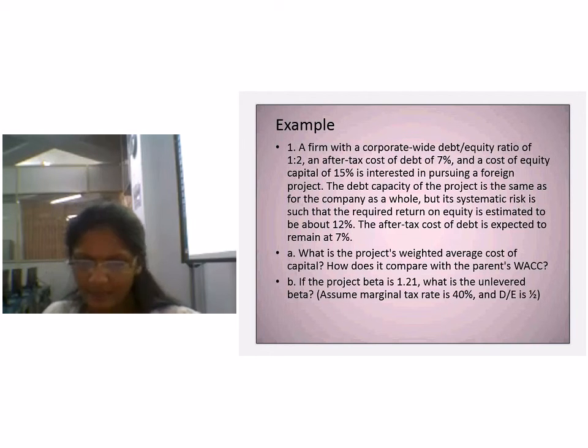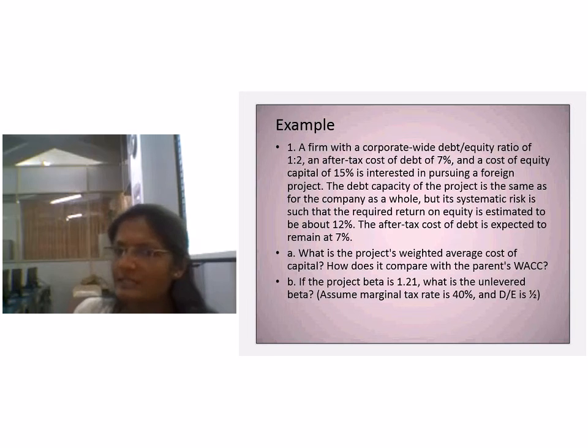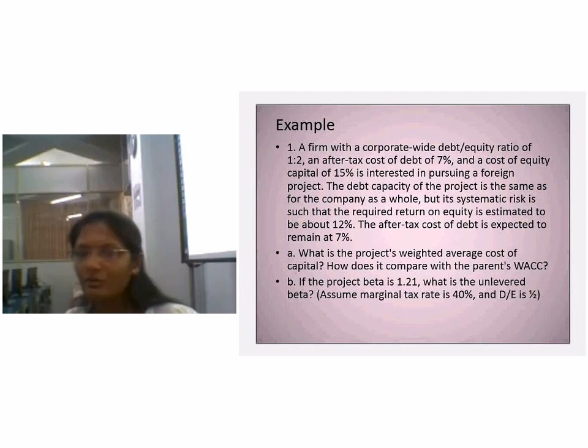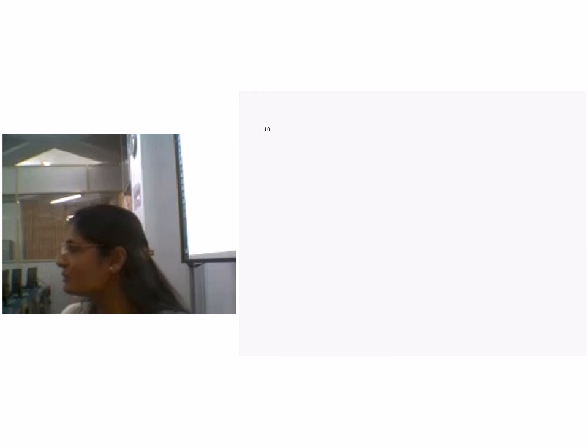What do you think? Should unlevered beta be higher or levered beta be higher? Risk is more with debt, therefore unlevered beta should be lower. Assume the marginal tax rate is 40. Now part B. What is the equation?